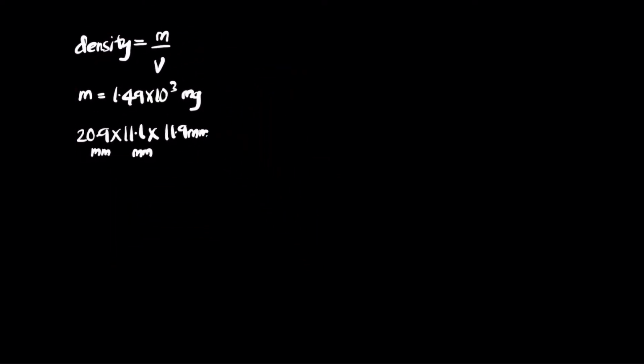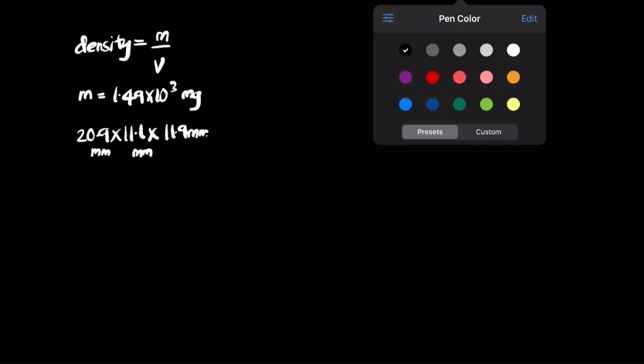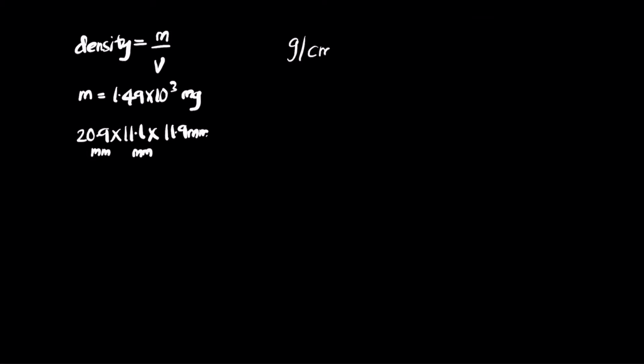So these are the values that we have. We want the density in gram per centimeter cube. So we want to convert first mass into grams. Mass here is given as 1.49 into 10 cube milligrams.